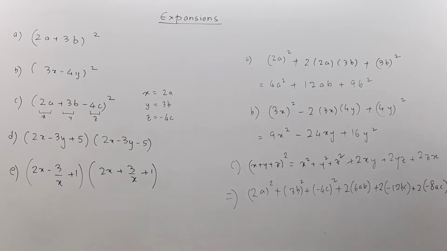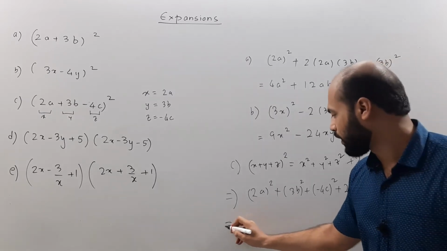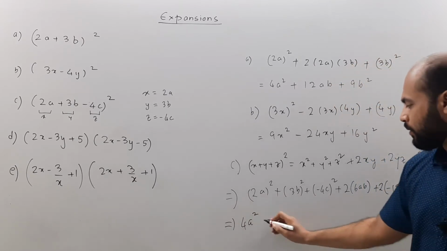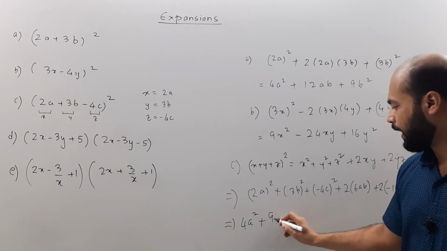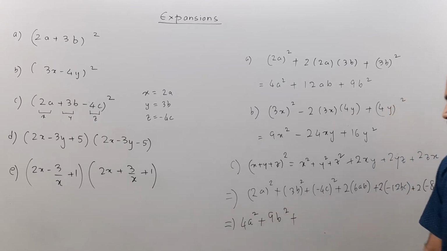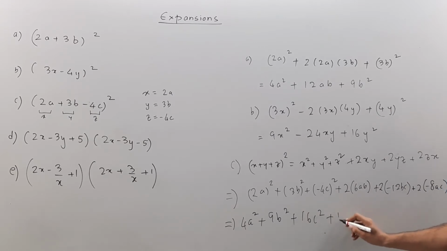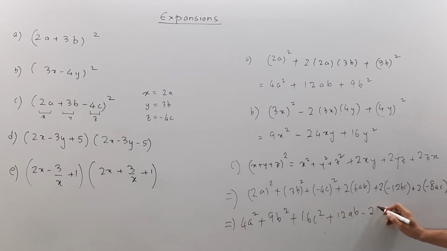So now when we expand this further, finally the answer would come out as 4a square plus 9b square plus 16c square plus 12ab minus 24bc minus 16ac. So this is the answer to this question.